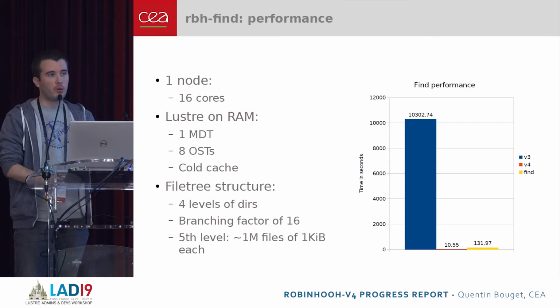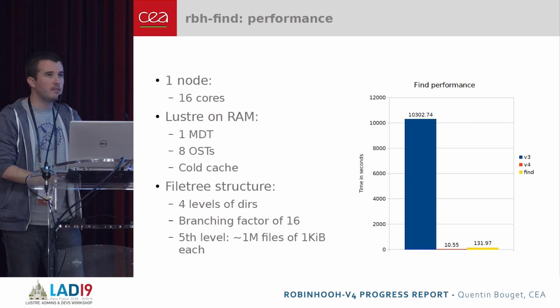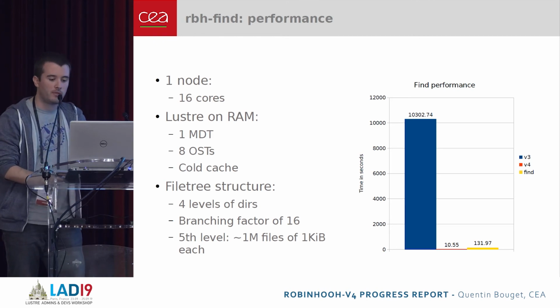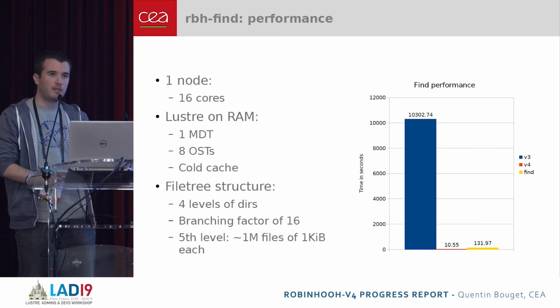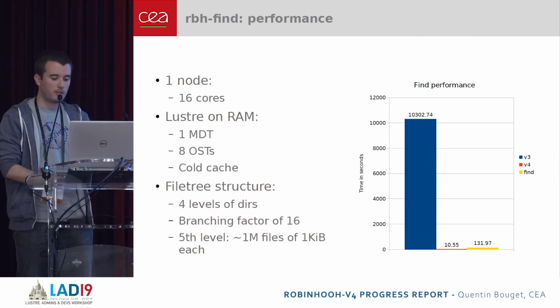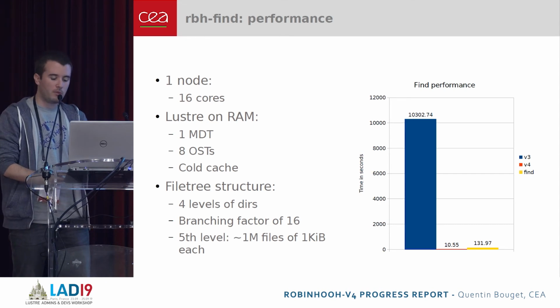It mostly comes from the fact that RobinHood-v3 spends more than 95% of its CPU time querying the database to build paths for the files that it is going to show you on the console, and that impacts performance tremendously.